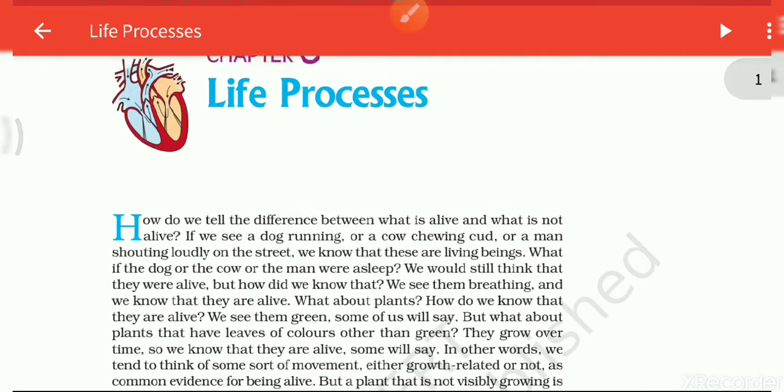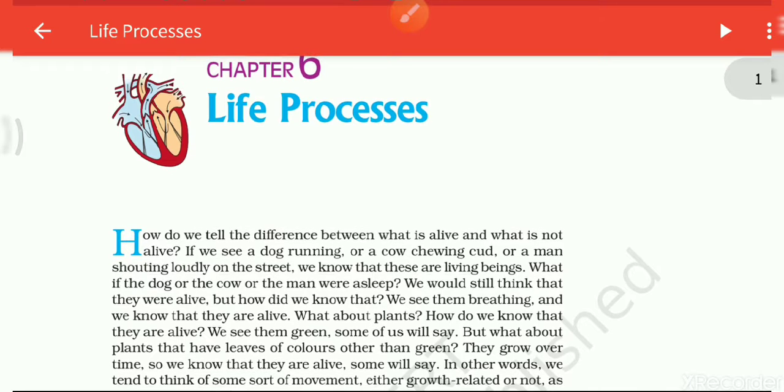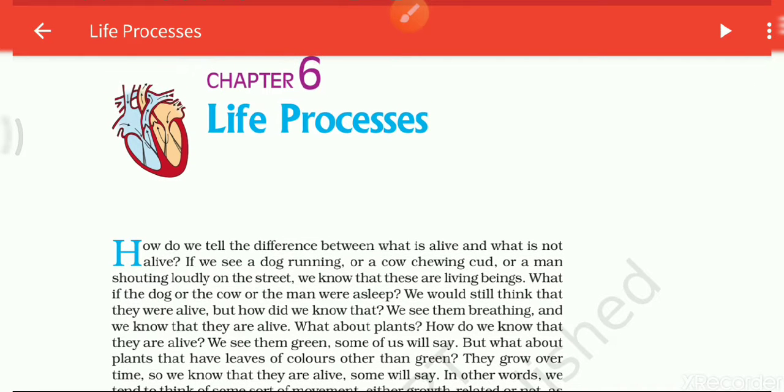Okay students, first of all I would like to define the life process. What is the life process? Life means life, and process means that a system does its work manually. If any system can do the work, that is called a process.